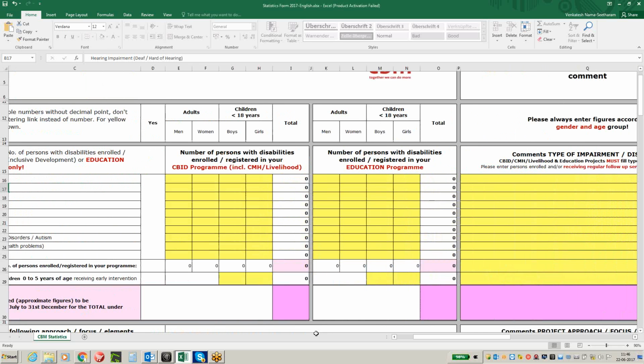If you come to the right, it is the number of persons with disabilities enrolled or registered in CBID, and the number of persons with disabilities enrolled in your education program.